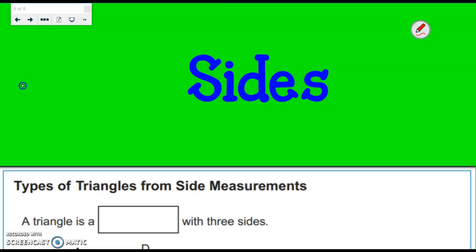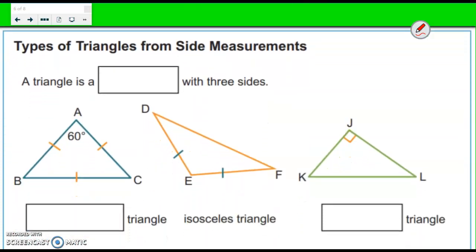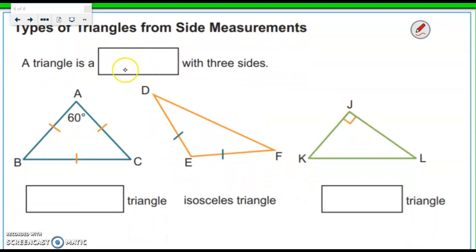And then when we talk about the sides of a triangle, a triangle is a polygon with three sides. So looking at the sides, all three of these sides are the same. So that is an equilateral triangle.